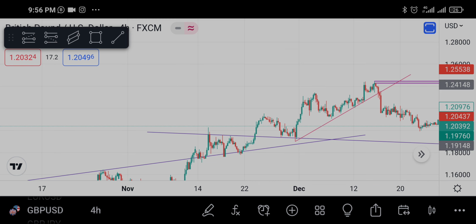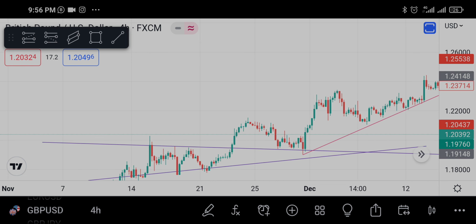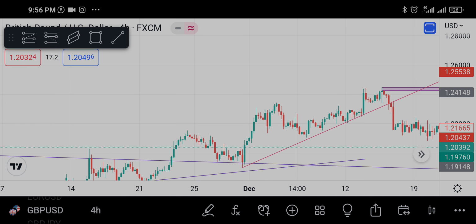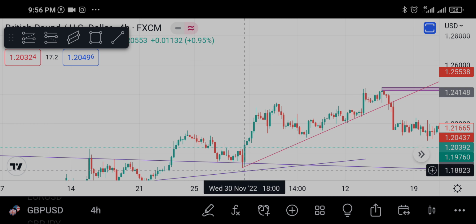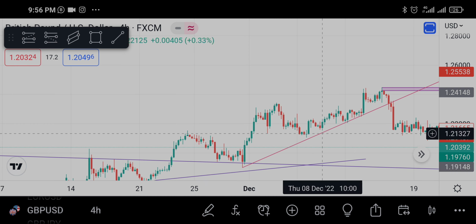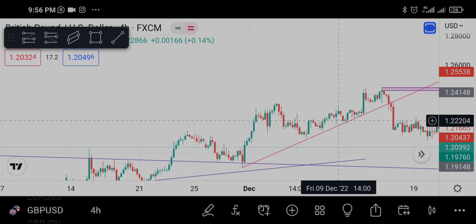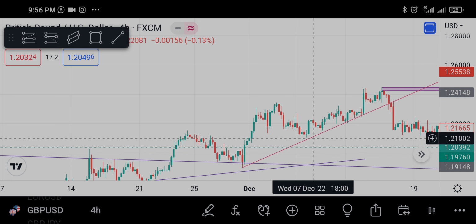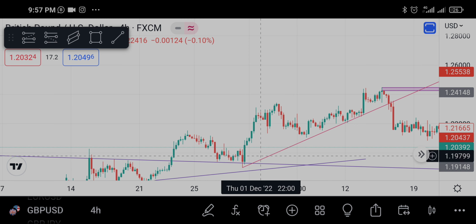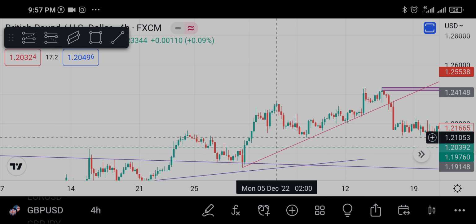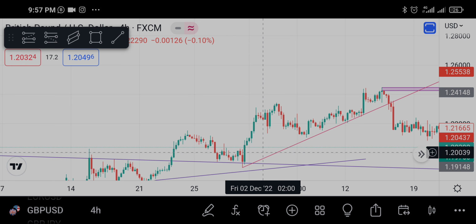So what can you see here again? Number one, you can see the touch points 1, 2, 3, then it broke out. This is not an Elliott wave. This is just a simple trend line. For a trend line to be valid, the price has to touch it, respect it 3 times before the breakout.